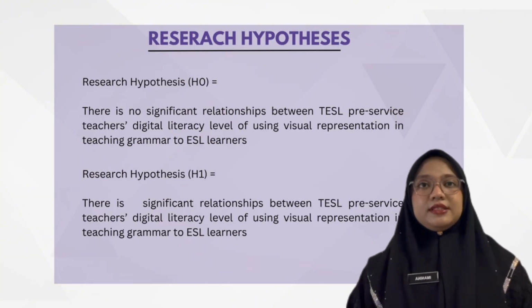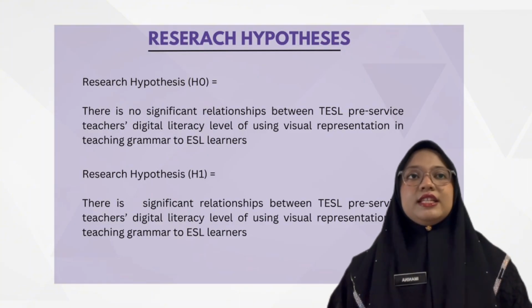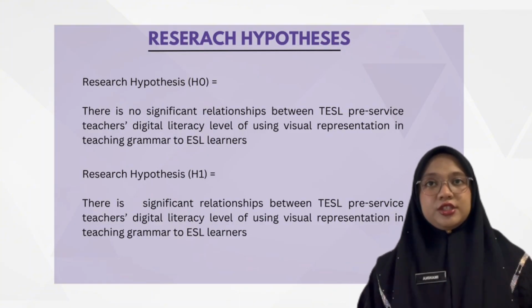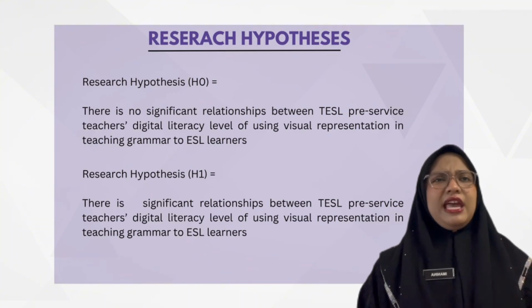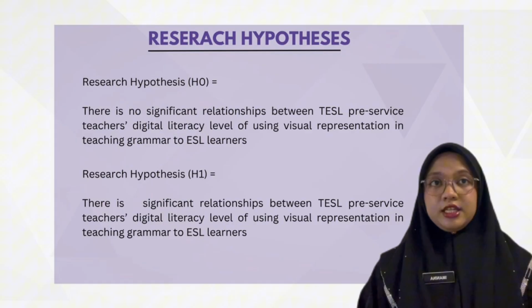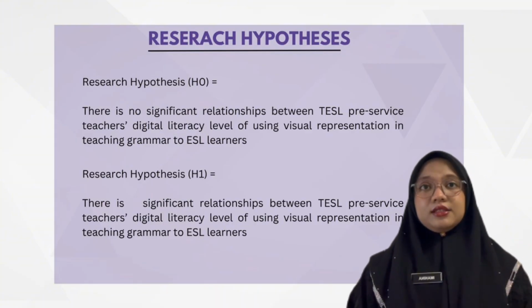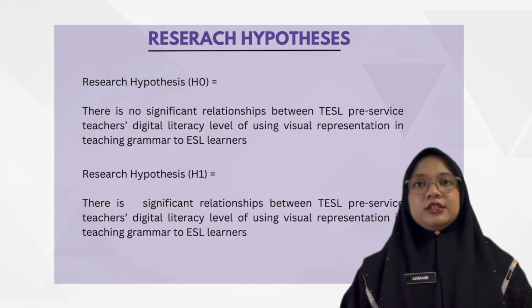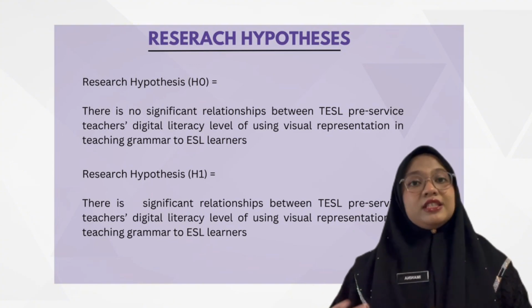First, the null hypothesis, or H0, states that there is no significant relationship between TESOL pre-service teachers' digital literacy level and their use of visual representation in teaching grammar to ESL learners. This means that digital literacy does not influence how often teachers use visual representation.